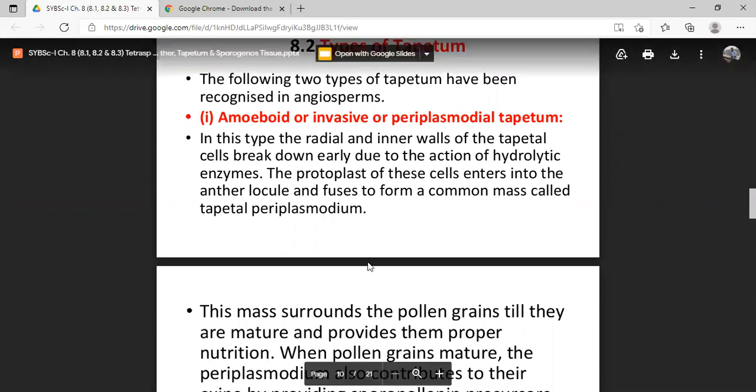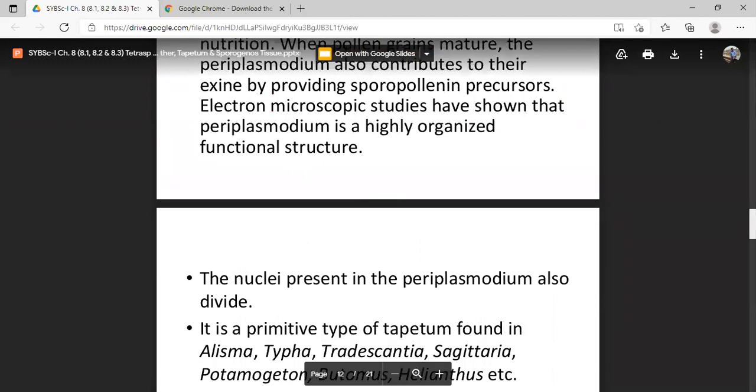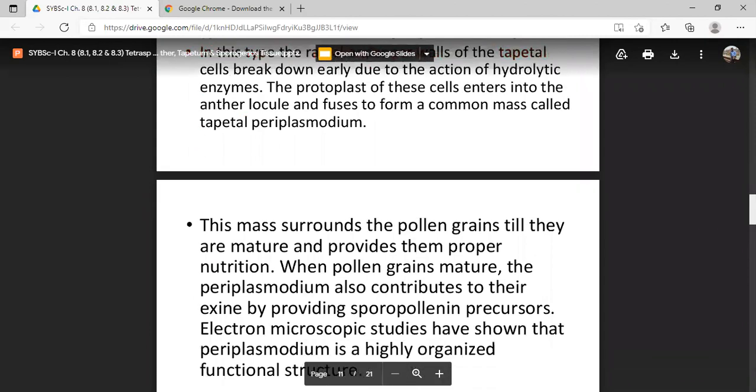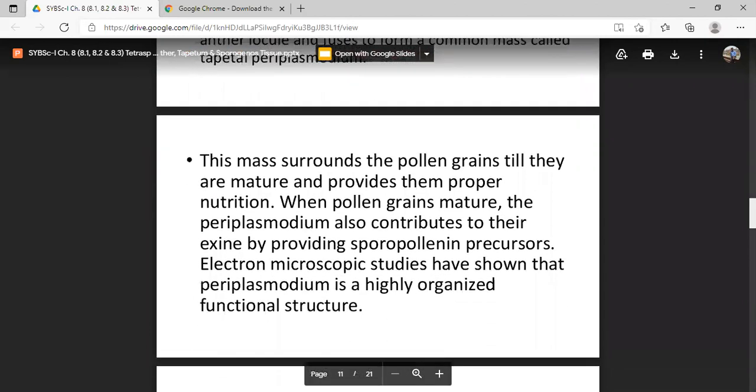That mass surrounds the pollen grains till they mature, and provides proper nutrition. When the pollen grains mature, this periplasmodium also contributes to their exine by providing sporopollenin precursors. Electron microscope studies have shown that the periplasmodium is a highly organized and functional structure.